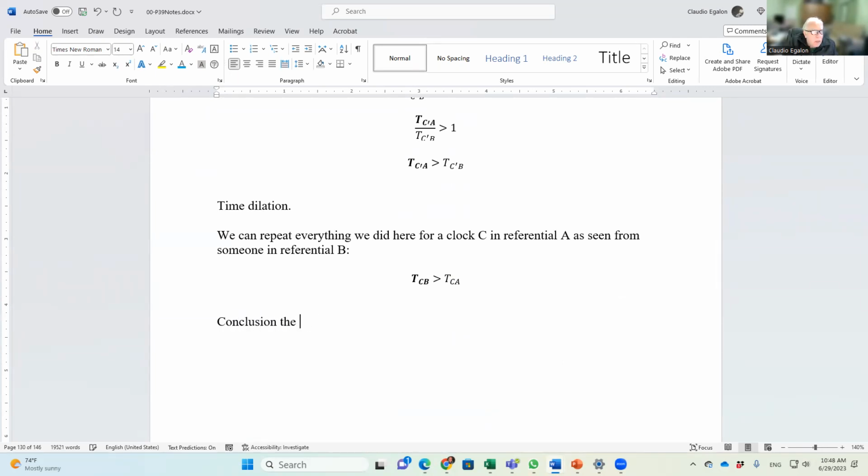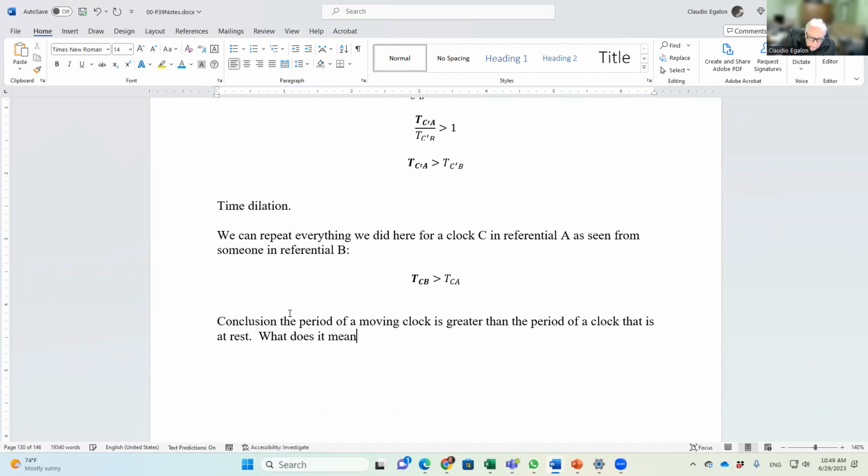The period of a moving clock is greater than the period of a clock that is at rest. What does it mean?